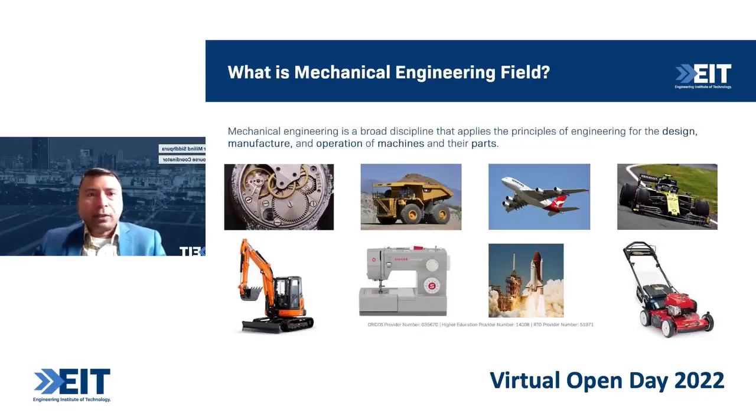So all of these machines, anything which is moving around you, is designed and maybe built by a mechanical engineer. Mechanical engineers are responsible for any moving items which you see around you. This is just the basics of what mechanical engineers can design, build, maintain or operate.